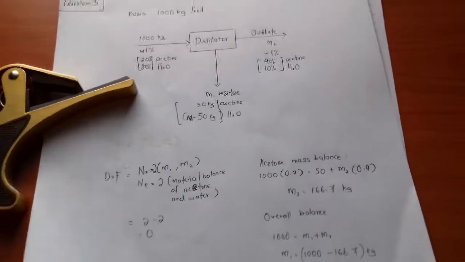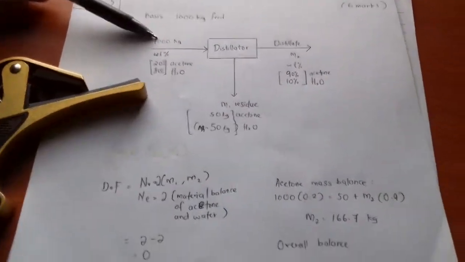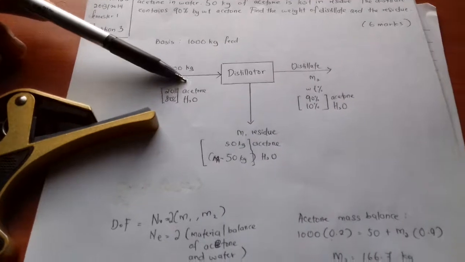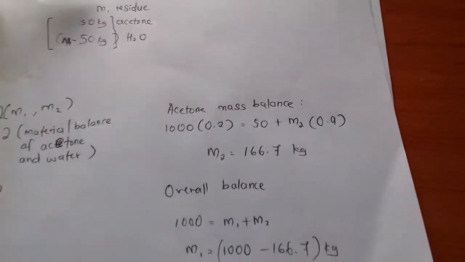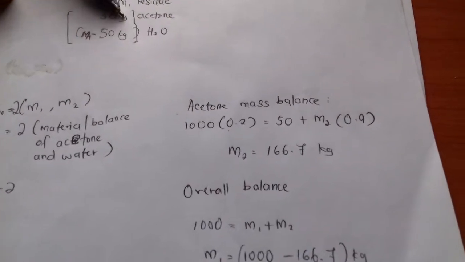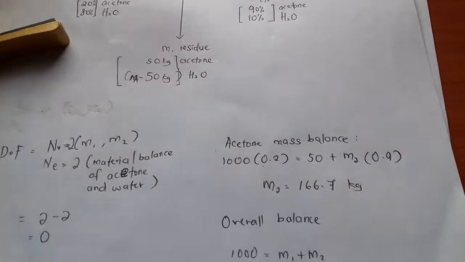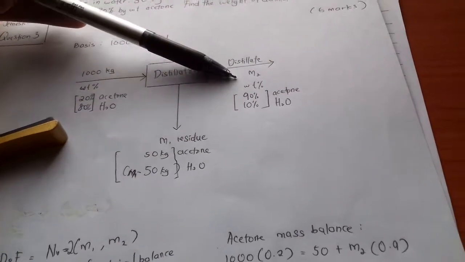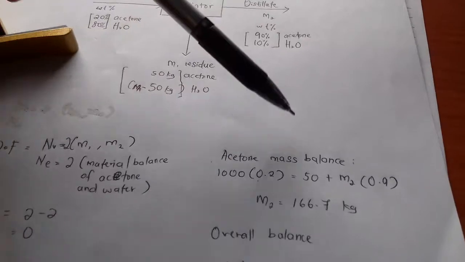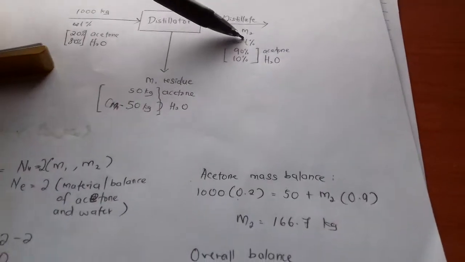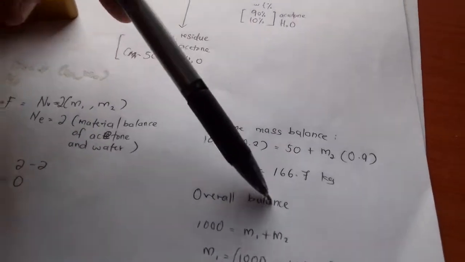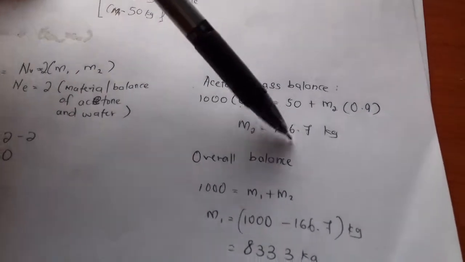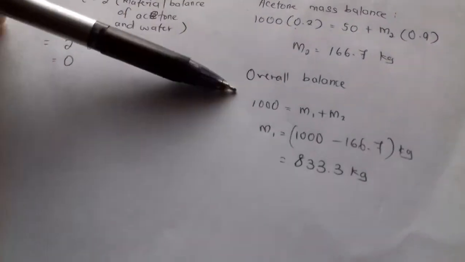So I took 1000 of the inlet of the feed times the 20% of acetone, which equals the outlet: for the residue we have 50 kgs of acetone, and the other outlet, the distillate, 90% of acetone times M2 for the distillate mass. Then I got M2 as 166.7 kilograms.